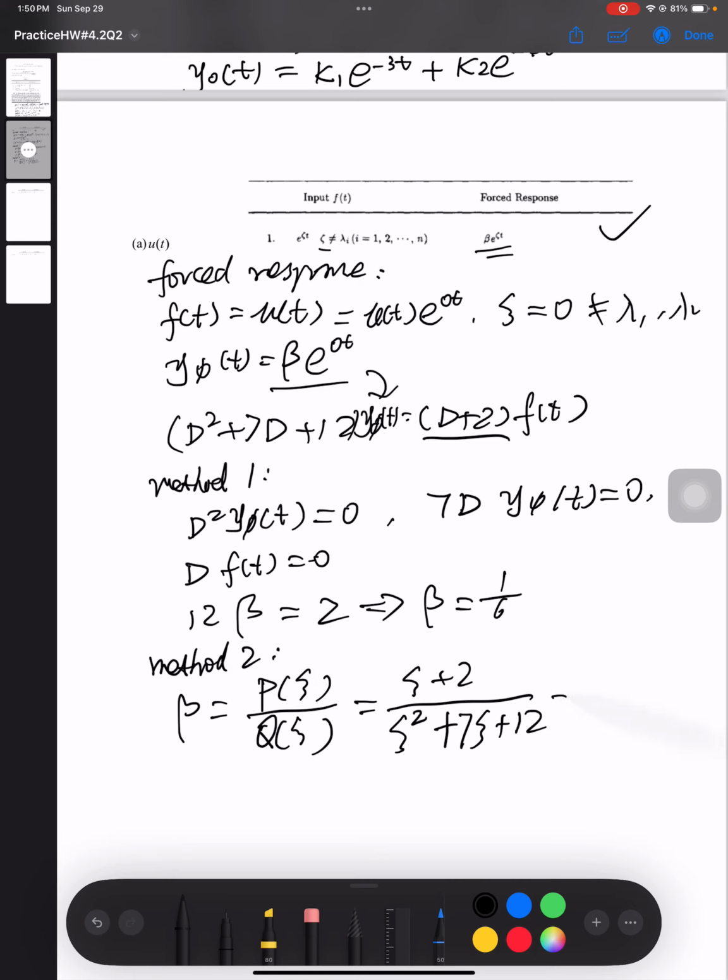We know sigma equals 0, so we get 1/6. This is the second method.